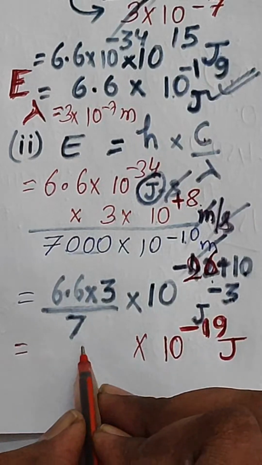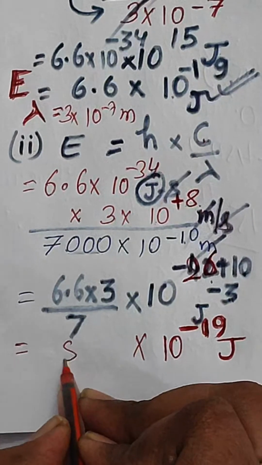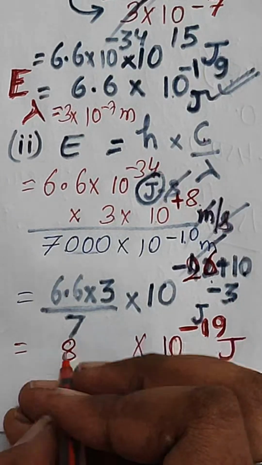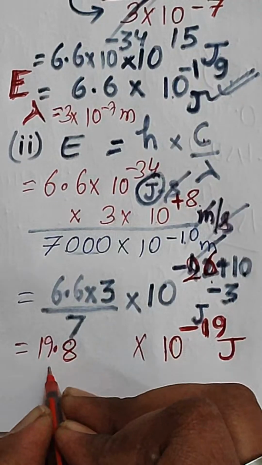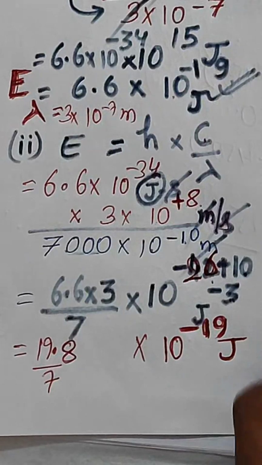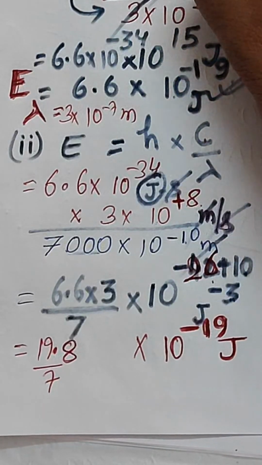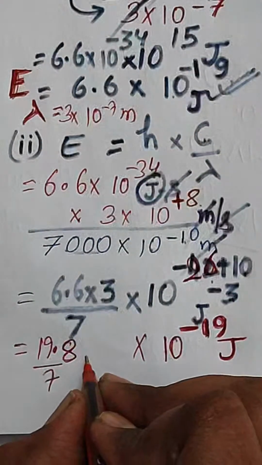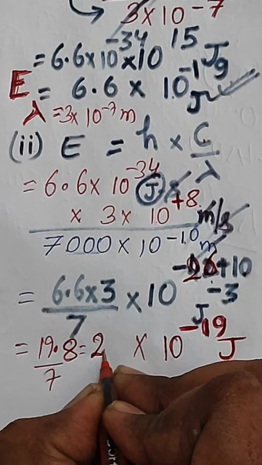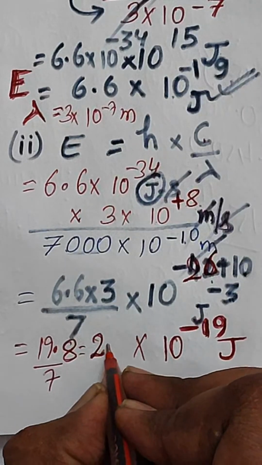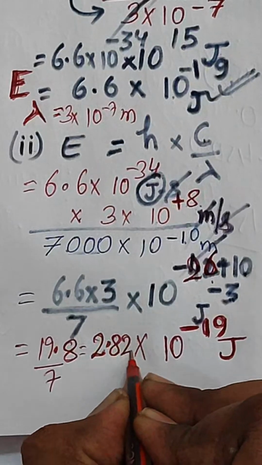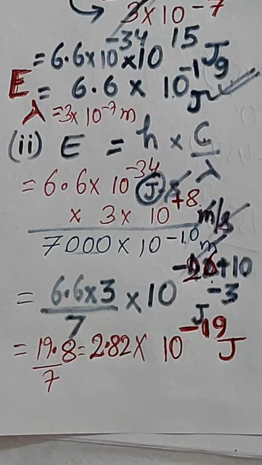So this will give you 3 6 18, carry 1, 19.8. Then 19.8 divided by 7 gives approximately 2.82.